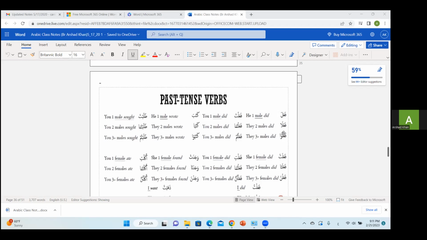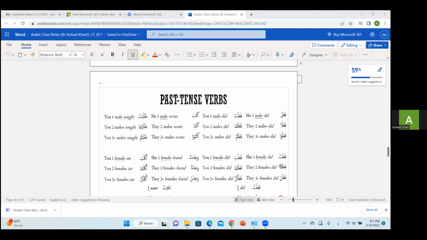The way you pronounce any past tense is typically the same for any three-letter verbs. Three-letter verbs are fa, ain, lam. When dhahaba becomes dhahabā, the alif is just the extension. Then dhahaba becomes dhahabū: the last letter takes a dhamma with this waw as an extension.